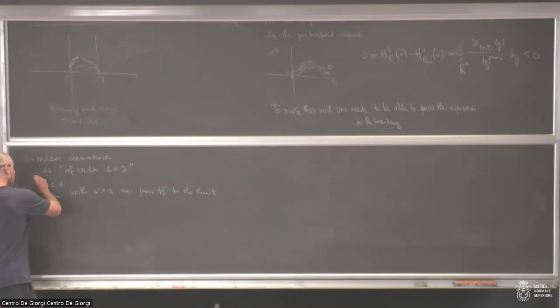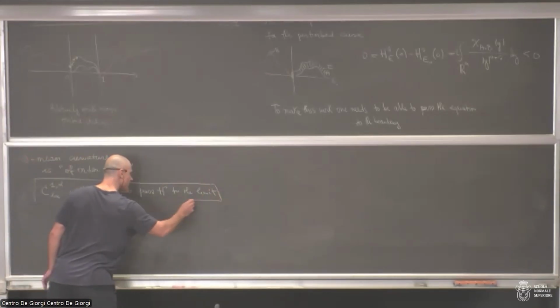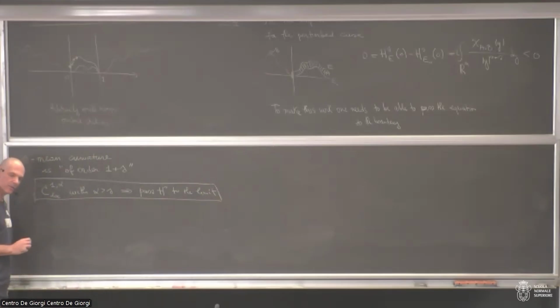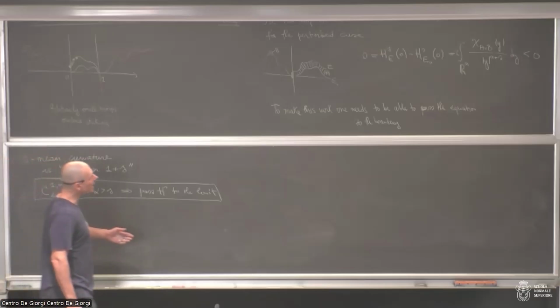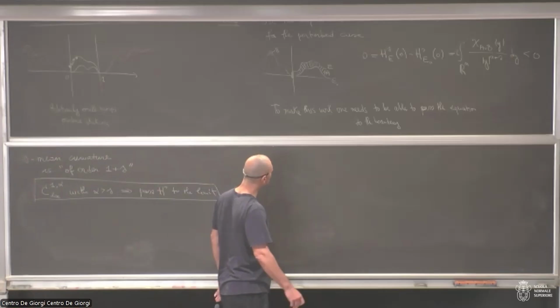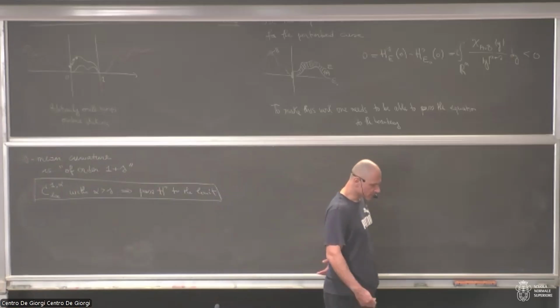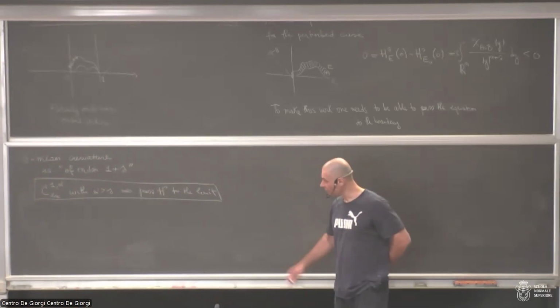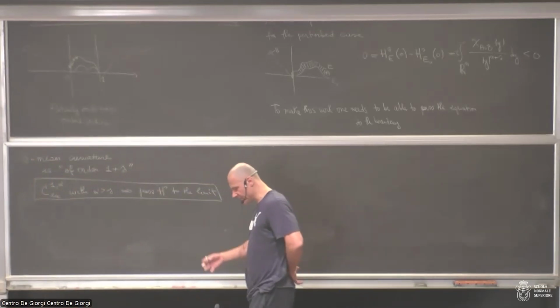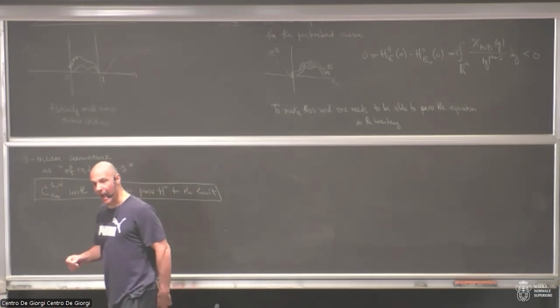So this would be a rigorous statement. C1 alpha regularity with alpha larger than S is enough to pass the S-mean curvature to the limit point. And then all boils down to proving that the S minimal surface is C1 alpha up to the boundary.